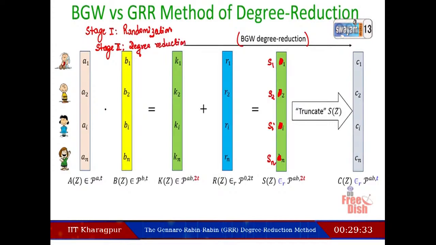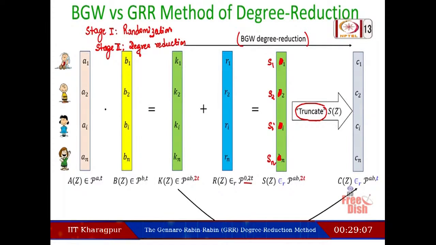The randomization is done by adding random shares of 0 lying on a 2t degree polynomial, and then the degree reduction from 2t degree random sharing to t degree random sharing happens via the truncate operation.